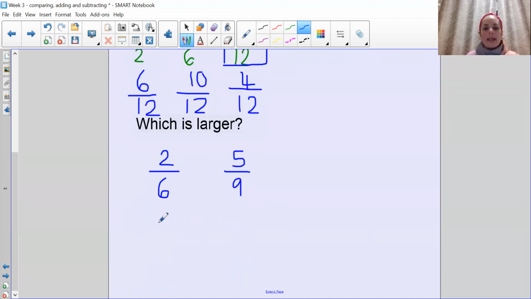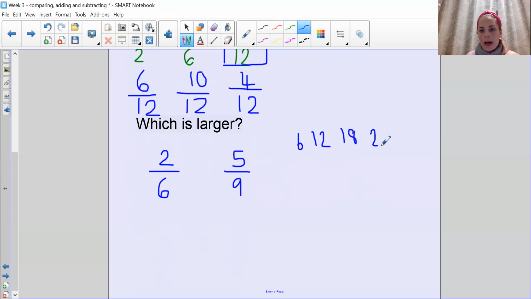And the last one, let's have a look. I have two numbers. They are not the same at the bottom. So I need to look at the bigger number, which is 9. Can 6 go into 9 equally? No, it cannot. So what number can both 6 and 9 go into equally? If you need, you write the multiples, 6, 12, 18. I would write the first 3 or 4 multiples.